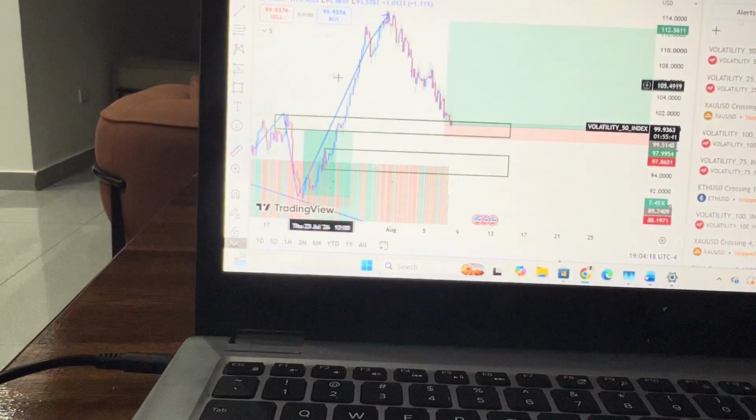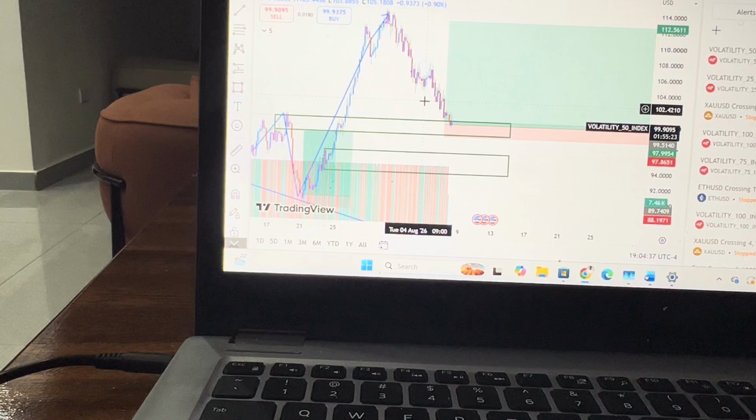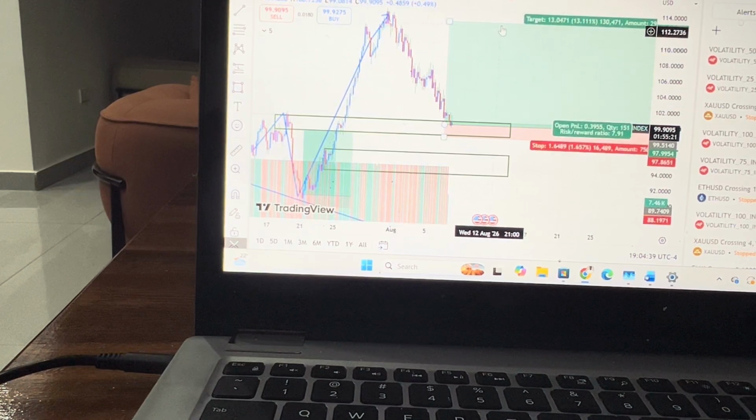There is some kind of demand zone here. I hope you can see it. I'm expecting this demand zone may act and push the price all the way up here. Boom.